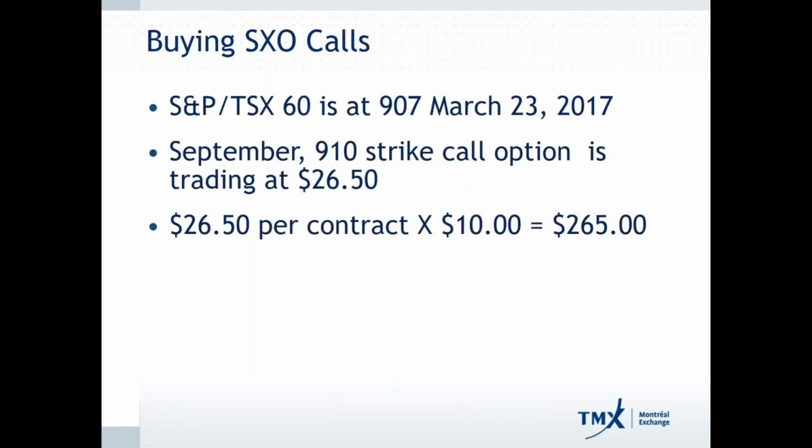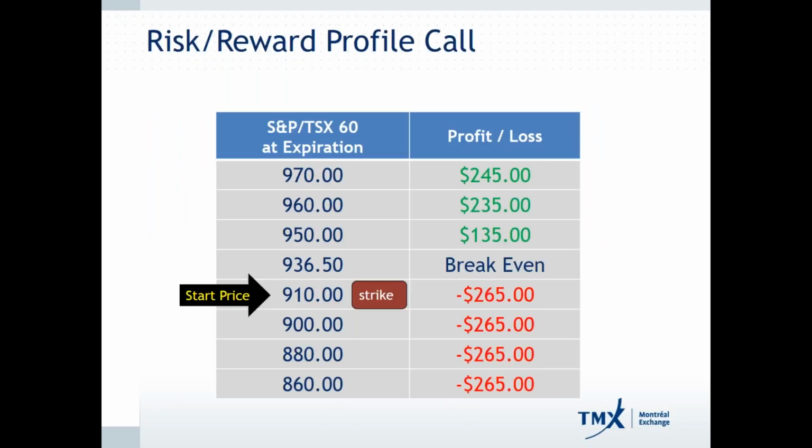So if we were looking at the values, let's say on March 23rd, just last week, the index was sitting at 907. So we could look at buying a 910 strike call option, which is just slightly out of the money, trading at $26.50. So remember, there's a 10-unit multiplier. So that would cost us $265.